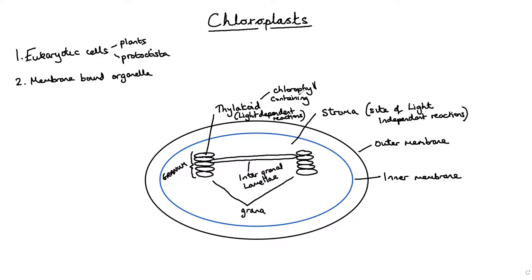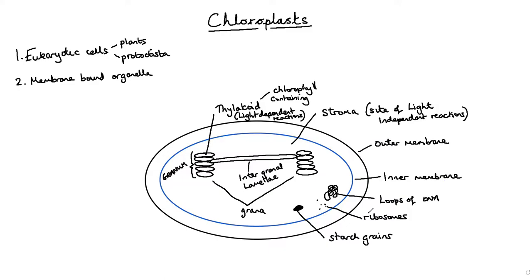So what else will we find inside the chloroplast? Well, you may well find starch grains. I'll come back to that in a minute. And you may also find perhaps loops of DNA, and also very small organelles called ribosomes. And that may sound strange because you only find loops of DNA in bacteria usually.